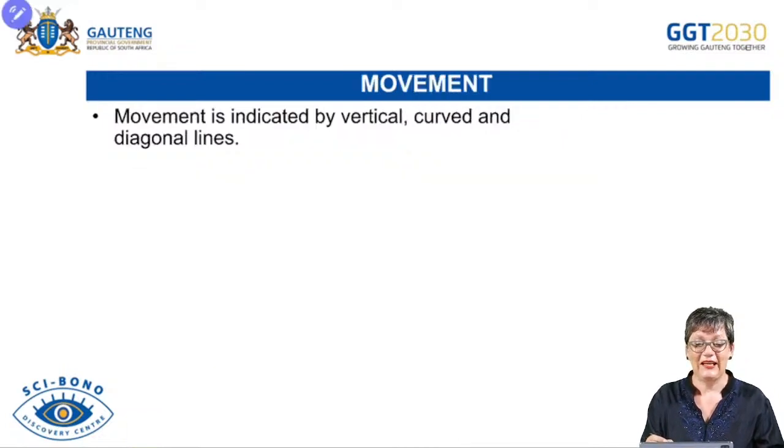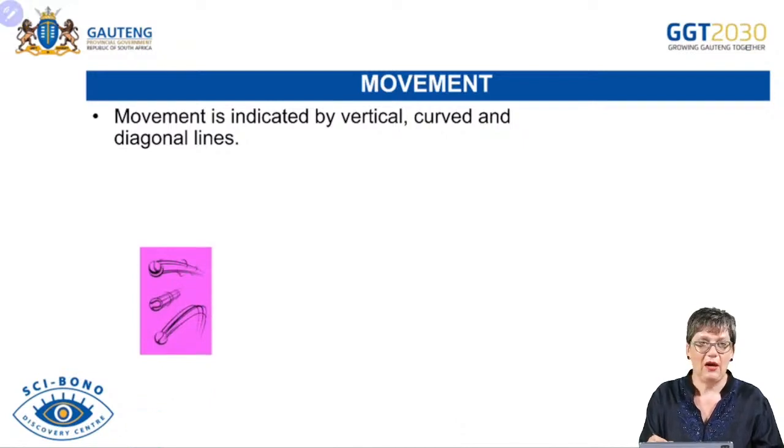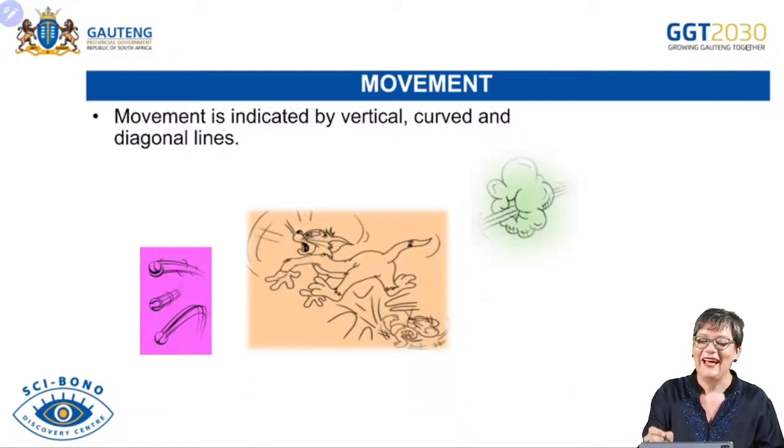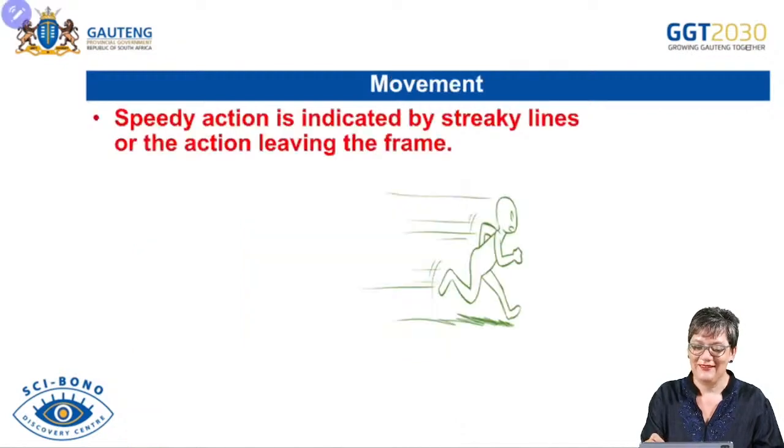Right. Let's look at another thing. Now, you have to remember, all movement is indicated with lines. Now, those lines can be all vertical, can be curved, diagonal. Just make sure you look and find those lines. And you can see here, this little cloud always tells you it was really very, very fast. Okay. It is speedy action.